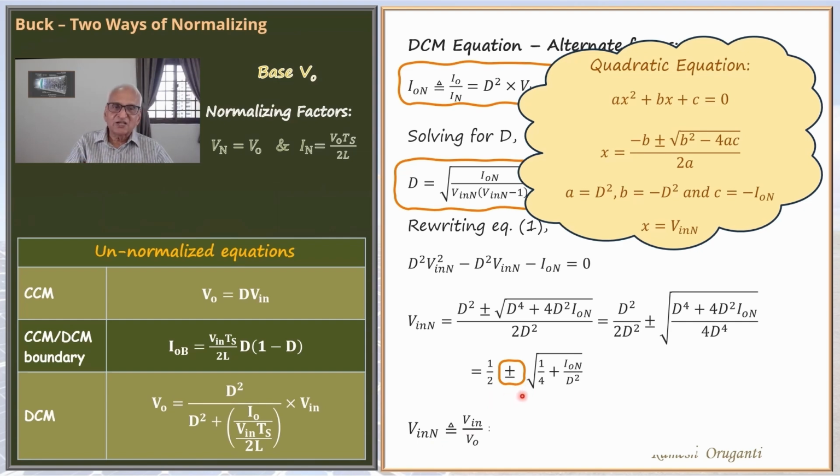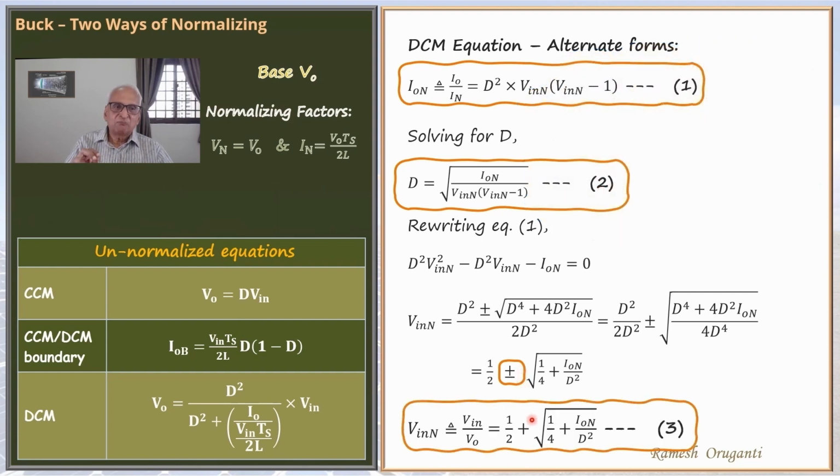So you reach the correct solution only by taking the plus sign. So Vinn will be half plus square root of 1/4 plus ION by d squared. So this is the third form. So you have three different forms of the equation. One for ION, one for D, one for Vinn.